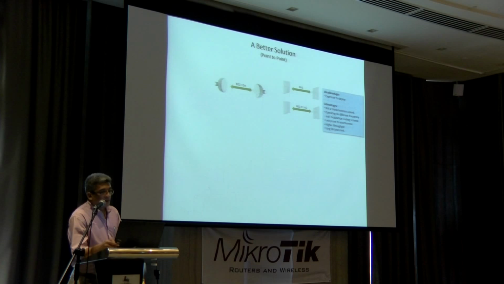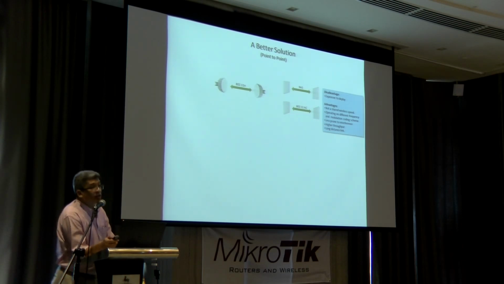Now, a better solution is to use point to point. The disadvantage of point to point is that it is cost prohibitive. It's very expensive to deploy, but it gives you a better, more reliable connection and speed.